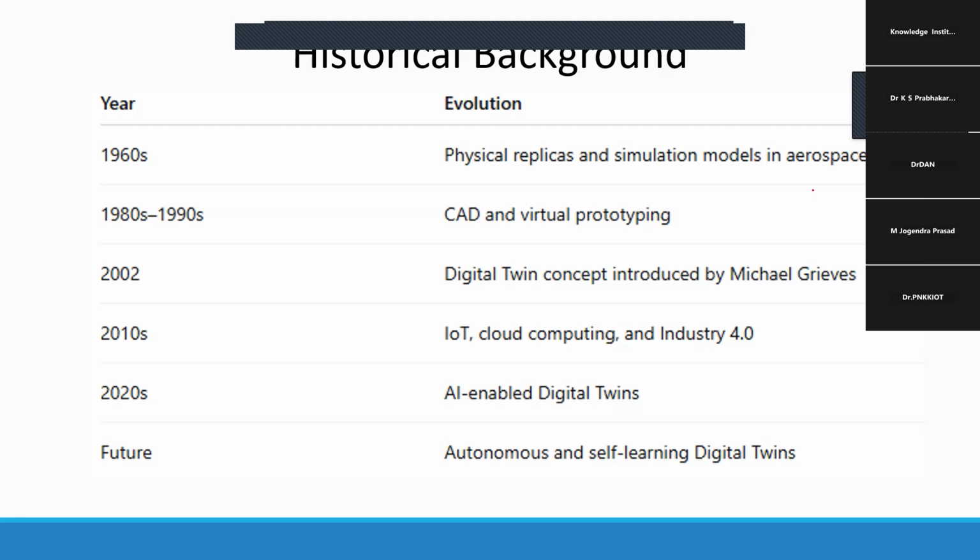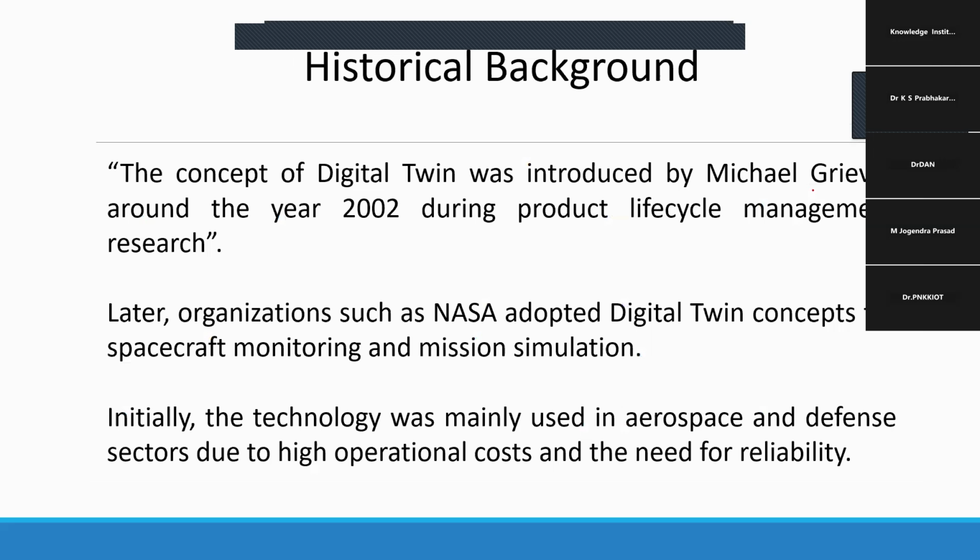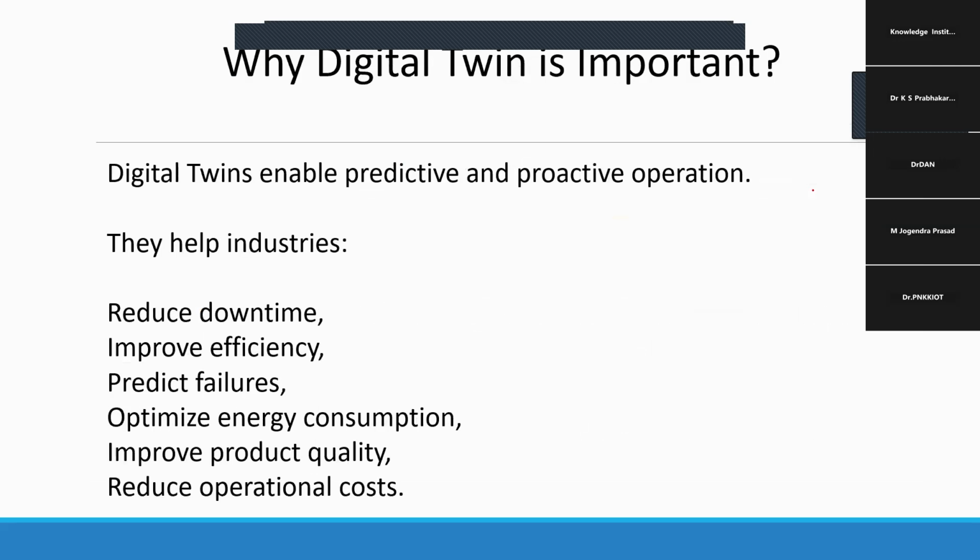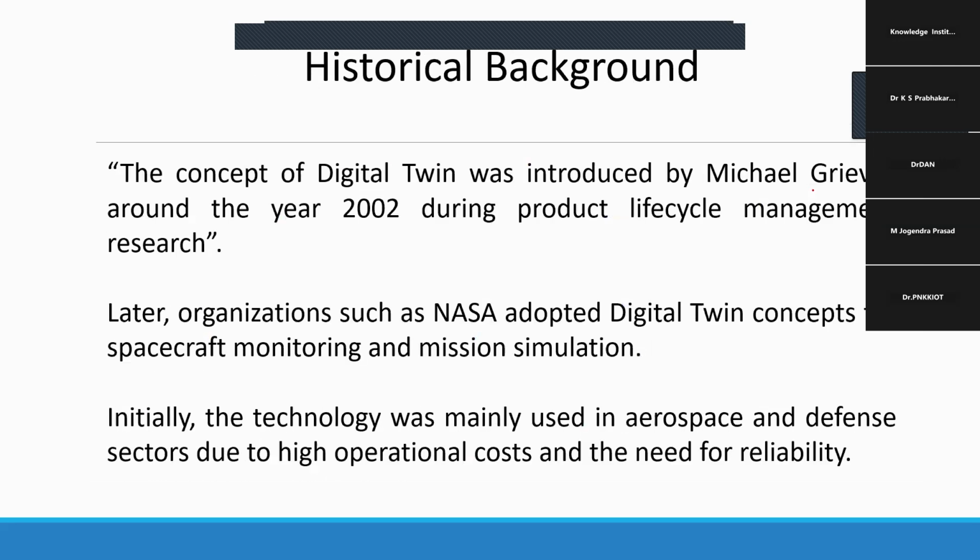Healthcare industries are developing digital twins of human organs and patients to support personalized medicine. Nowadays people are focusing on further advancement. The future is autonomous and self-learning digital twins. We already discussed the historical background.